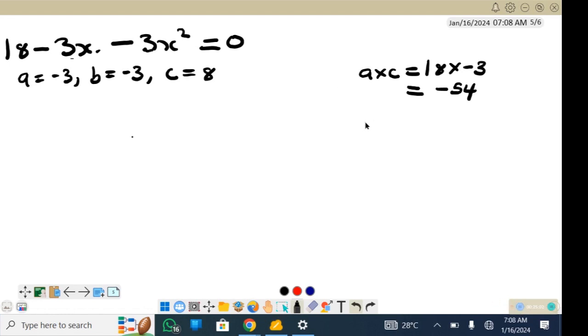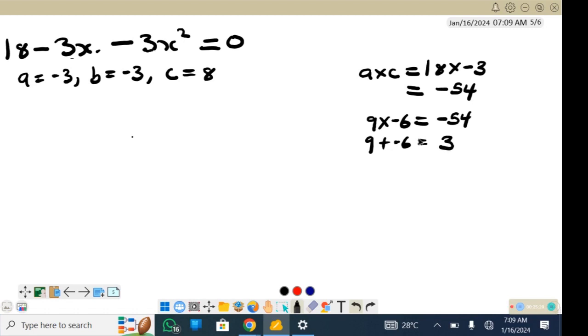Okay, so when you multiply 9 times minus 6, that will give you minus 54. And when you add 9 plus minus 6, that will give you 3. So you can see we have gotten our minus 54, but we have not gotten our minus 3.